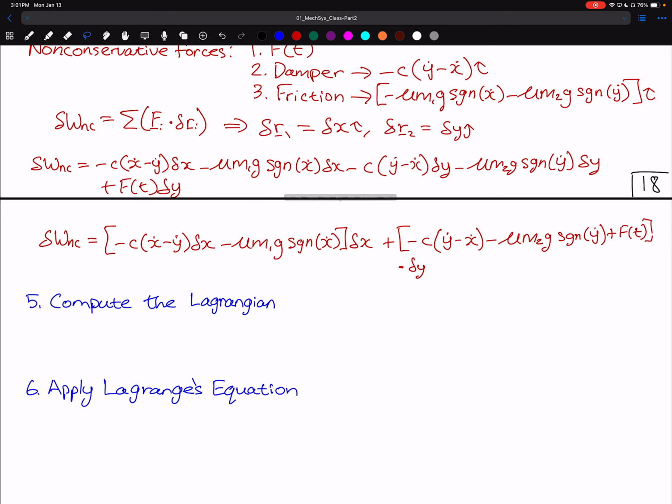Everything inside the first bracket is our generalized force Q1, and everything inside the second bracket is our Q2.